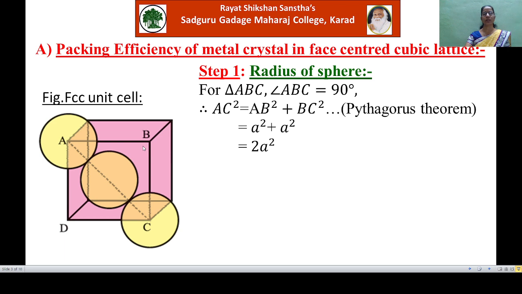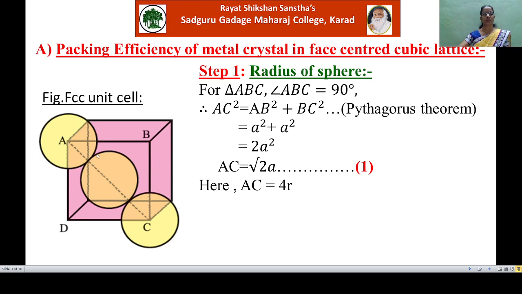With the help of this, we can easily write AC is equal to root 2 a. This is obtained by taking the square root on both sides of the above equation. Thus, here this AC indicates the face diagonal of this cube.